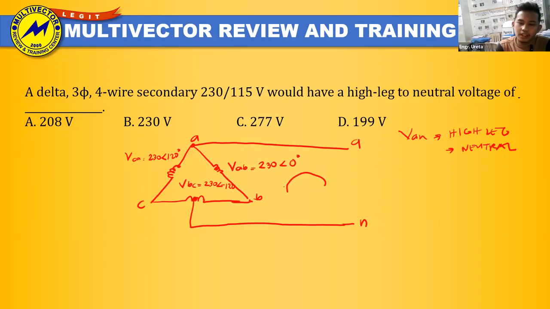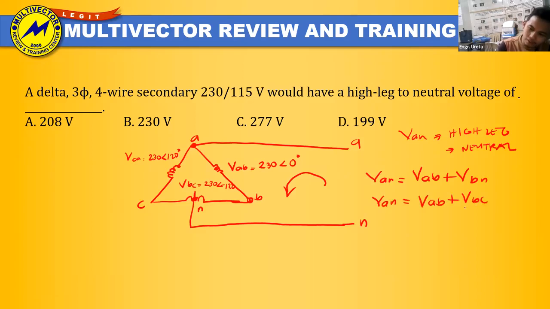VAN is equal to VAB plus VBN. Take note that VBN is like an autotransformer, so you will notice it is half of the voltage of our VBC. So VAN is just equal to VAB plus VBC over 2.